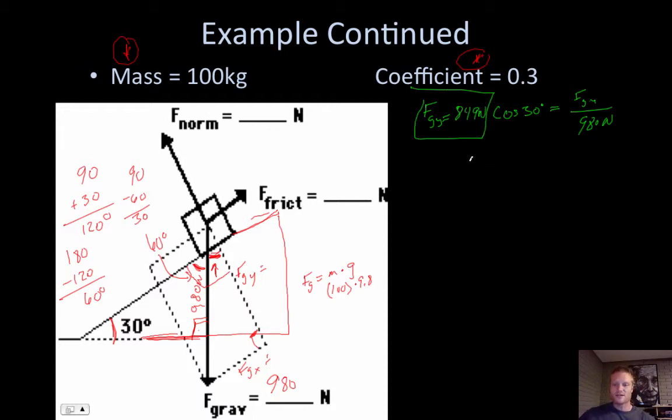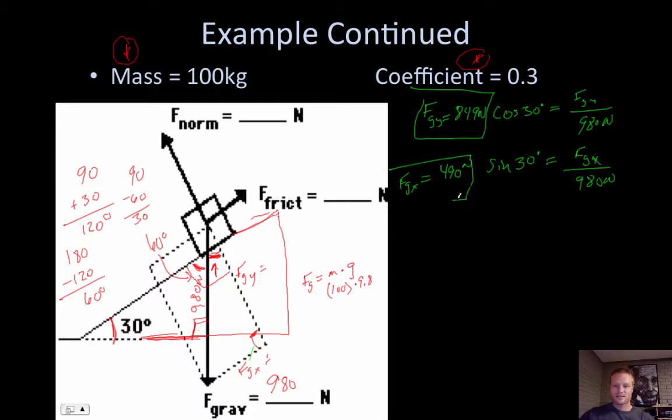I did a little bit of rounding, but basically you just do that math right there. To get F sub gx, I'm going to take the sine of 30 degrees equals F sub gx over 980 newtons. And if you do that math problem, I get 490 newtons.